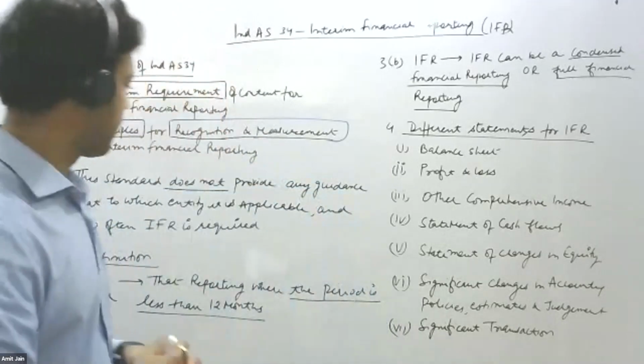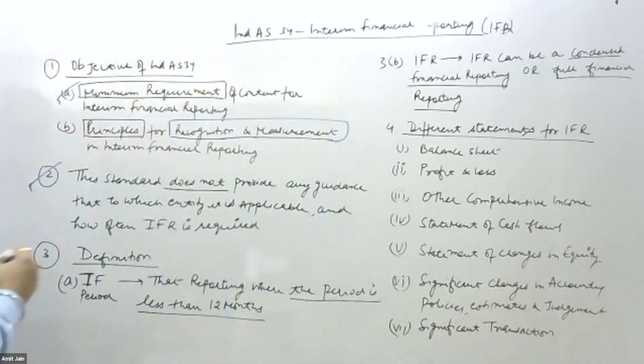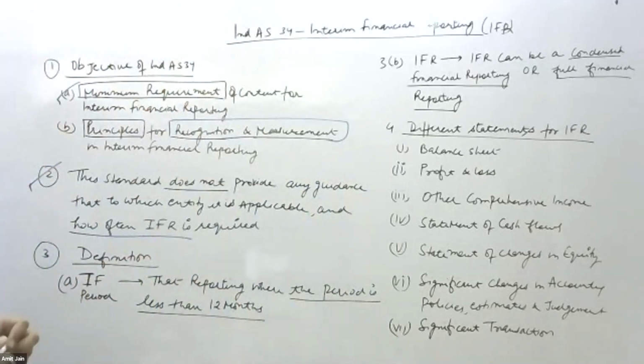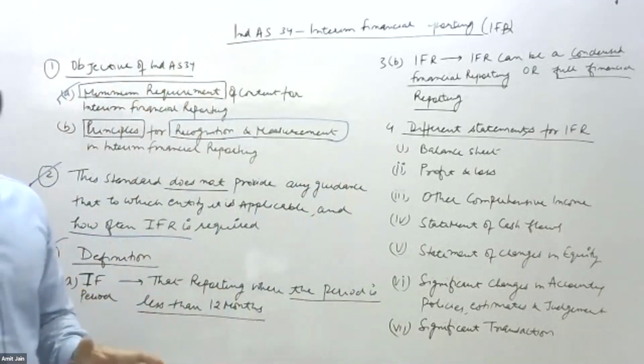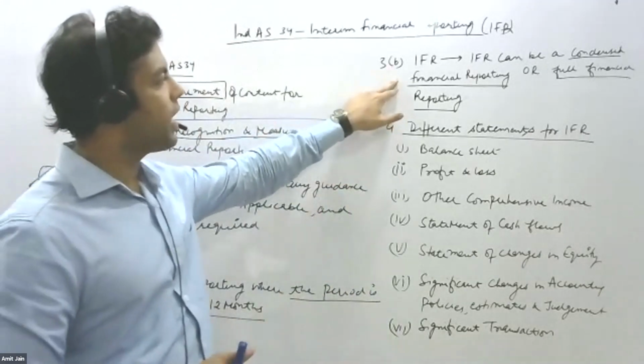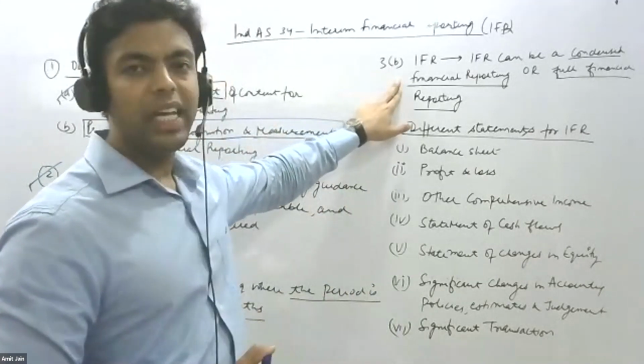Right? Simple. What else? It also does not provide guidance on how often the interim financial reporting is required. What is interim period? Any period which is less than 12 months is called interim period. What is interim financial reporting? Interim financial reporting can be a condensed financial reporting.